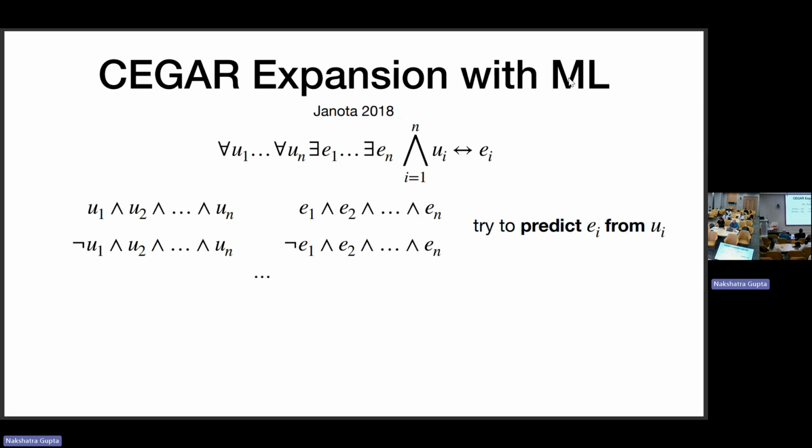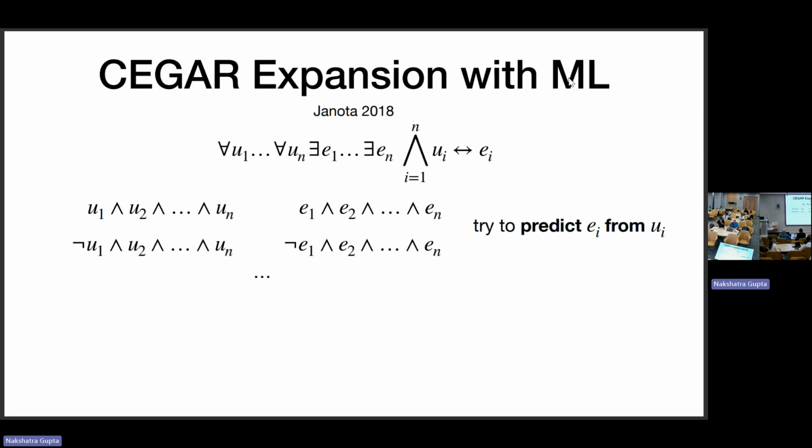So if the existential player tells me, whenever you set UI to true, I will set EI to true, as a universal player, I have to have a response against it, right? And if there's some mistake in the sense that the classifier doesn't pick up the right pattern, then we won't get to a solution quickly, but maybe after a couple more iterations, we'll arrive at the right solution.